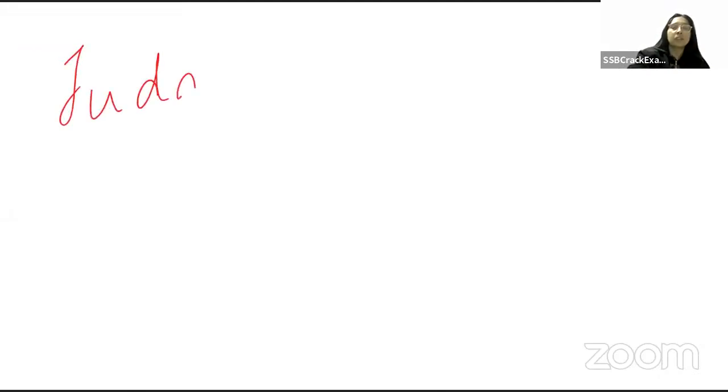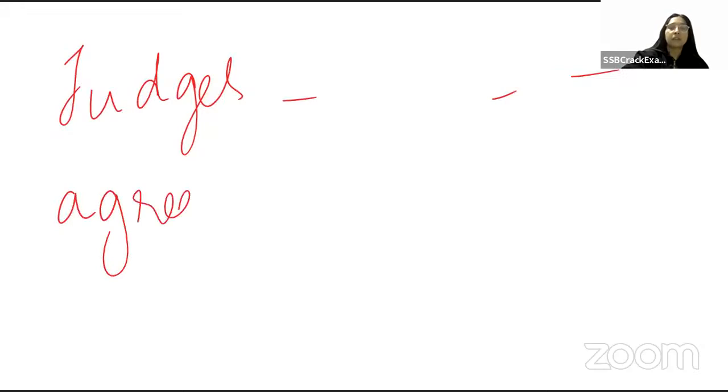judges, agreement. Okay, so what if there's an agreement between judges? What do you guys think, would we use a singular verb or a plural verb?